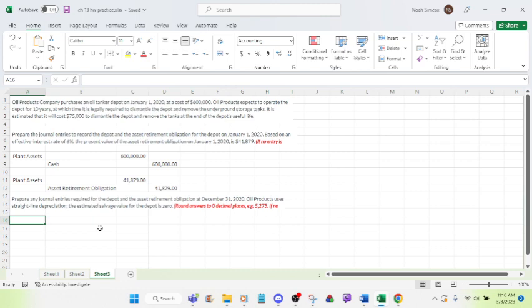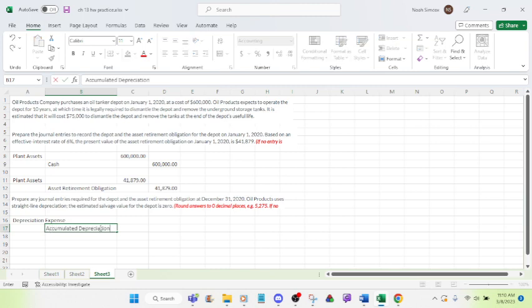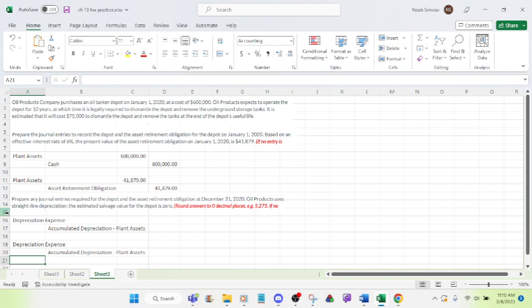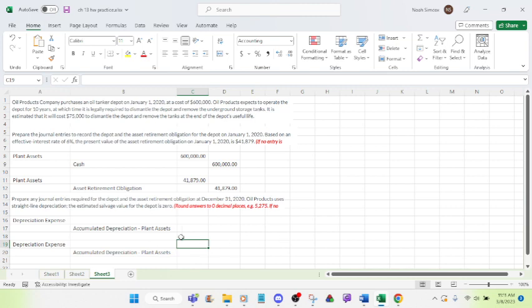So first of all, depreciation expense and accumulated depreciation, is it like assets? And then secondly, depreciation expense, accumulated depreciation. I'm not sure what it's called exactly. I'll just have to fix it afterwards.